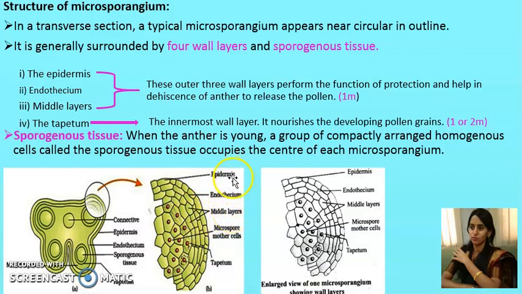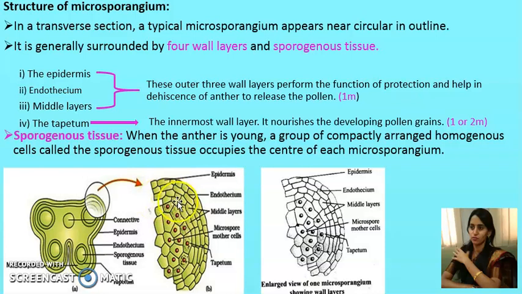These three layers, epidermis, endothecium and middle layers, are protective in function. They are followed by the tapetum. The tapetum is the innermost wall layer, and it nourishes the developing pollen grains. It means it supplies nutrients to the developing pollen grains.